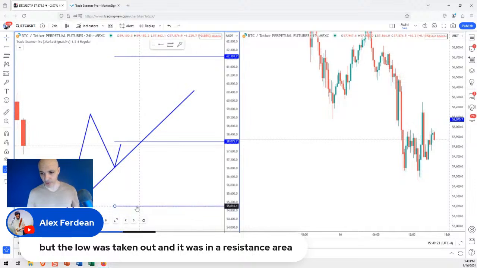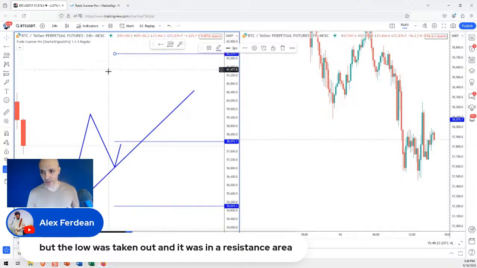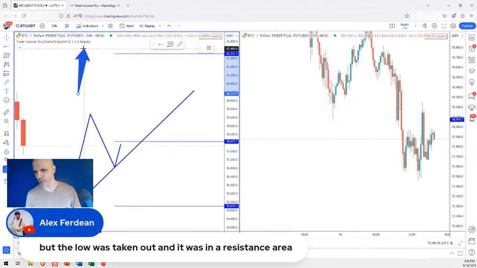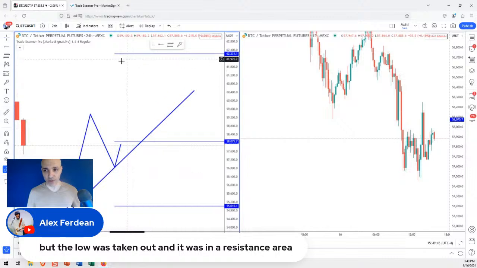So if this is your risk, the profit objective is typically 1.5 times of that. I say typically because you could change that if you want. That's what this 1.5 says over here. It says Trade Scanner Pro 1.5, and then it says 4 regular. That 1.5 is your reward risk ratio, and you can set that. But if you're new, don't mess with that. It's 1.5 to 1 reward risk. And it looks like this.